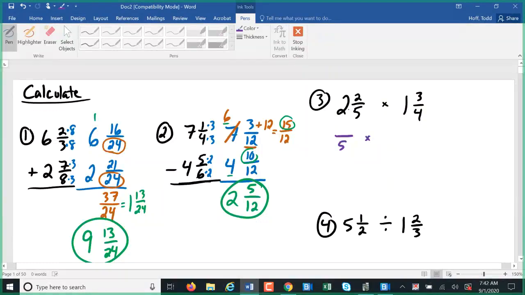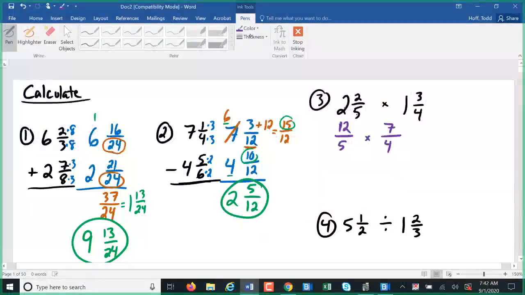Careful. You have the right idea. 12. There we go. 2 times 5 is 10, plus 2 is 12 fifths. And the 1 and 3/4 becomes how many fourths? 7 fourths. 7. Perfect. 7 fourths.